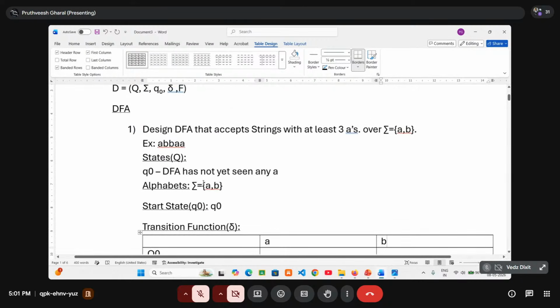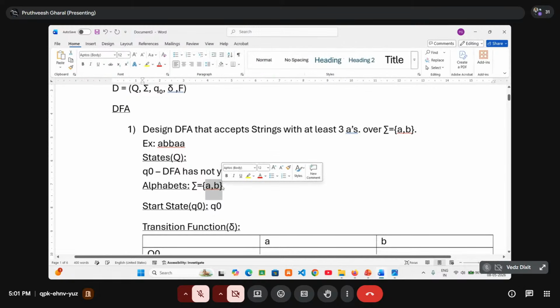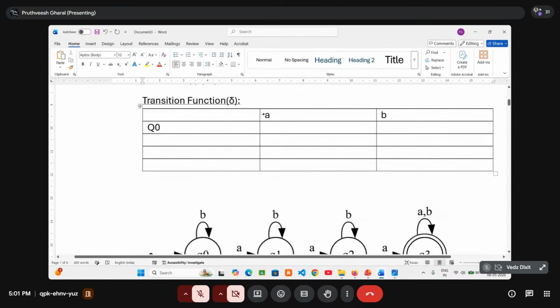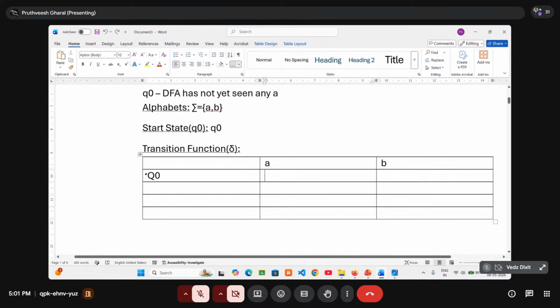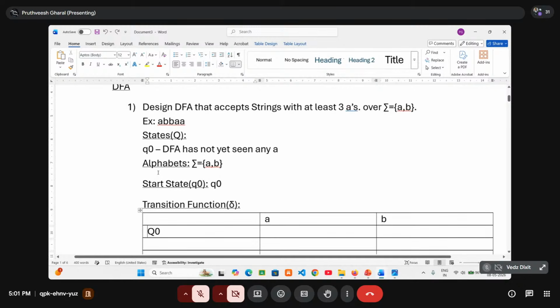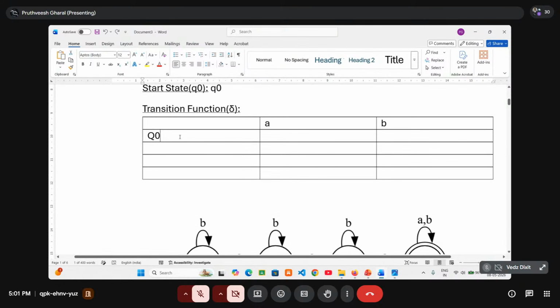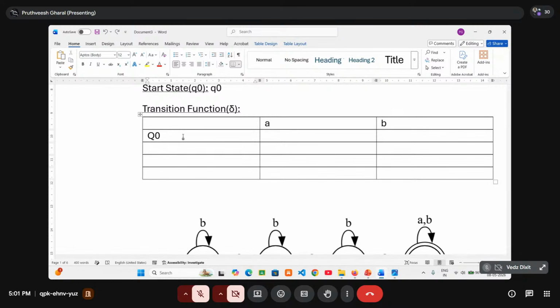We can easily find what inputs any DFA will receive using the alphabets. Now this is the input a DFA is going to get: A. Let's say now we know that the DFA is in the Q0 state. We already discussed this multiple times, and we already know it does not know yet whether it has seen an A or not.